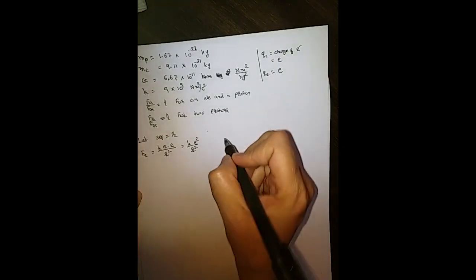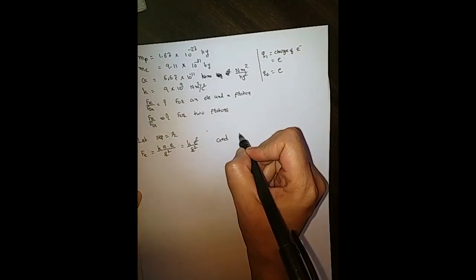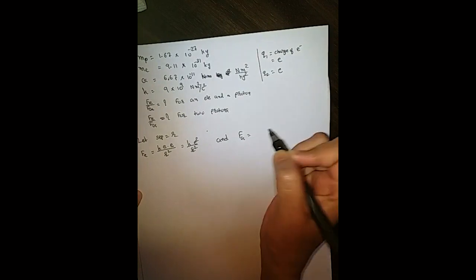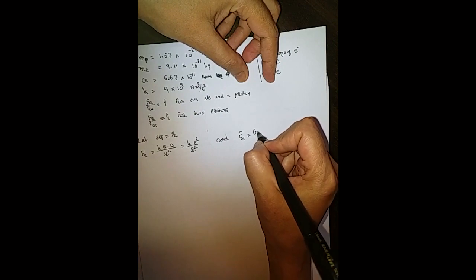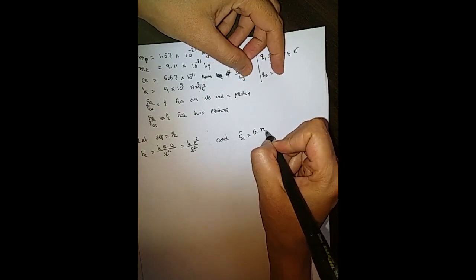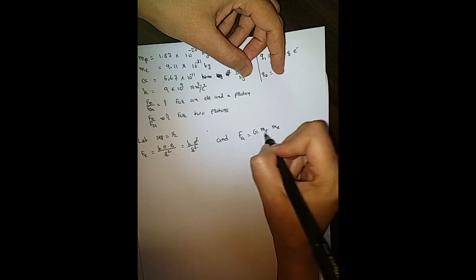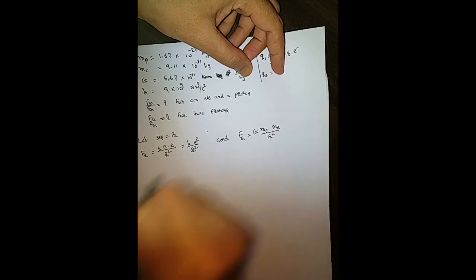And Fg, the gravitational force, is equal to G m1 m2 upon r square. G, mass of proton, mass of electron, upon r square.